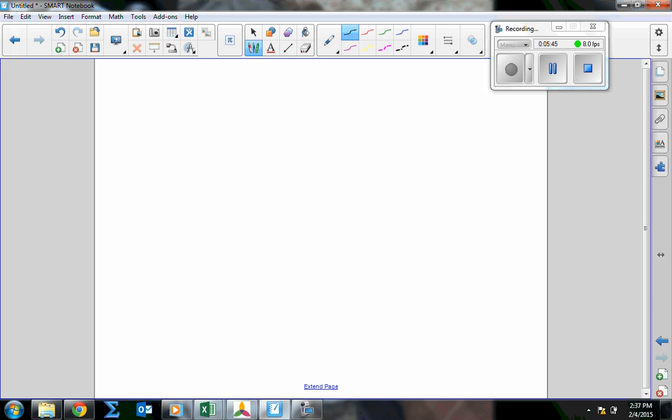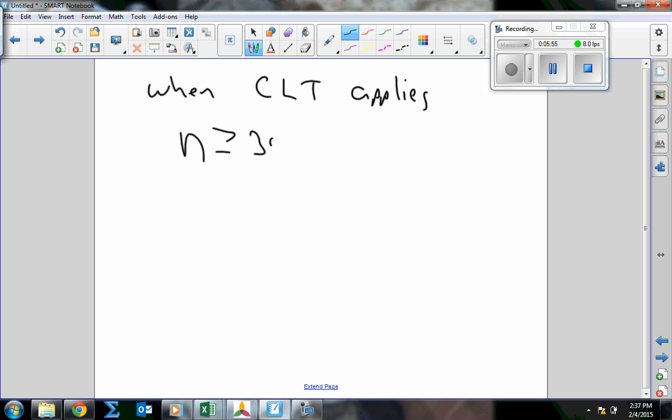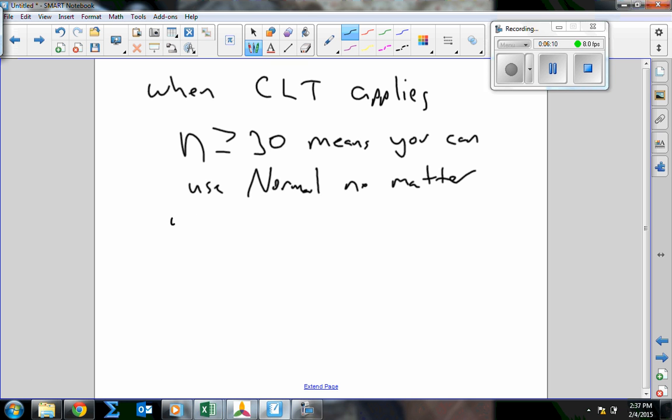Another important thing to know is when the central limit theorem applies. When n is greater than or equal to 30, means you can use normal, no matter what shape distribution you're drawing from.